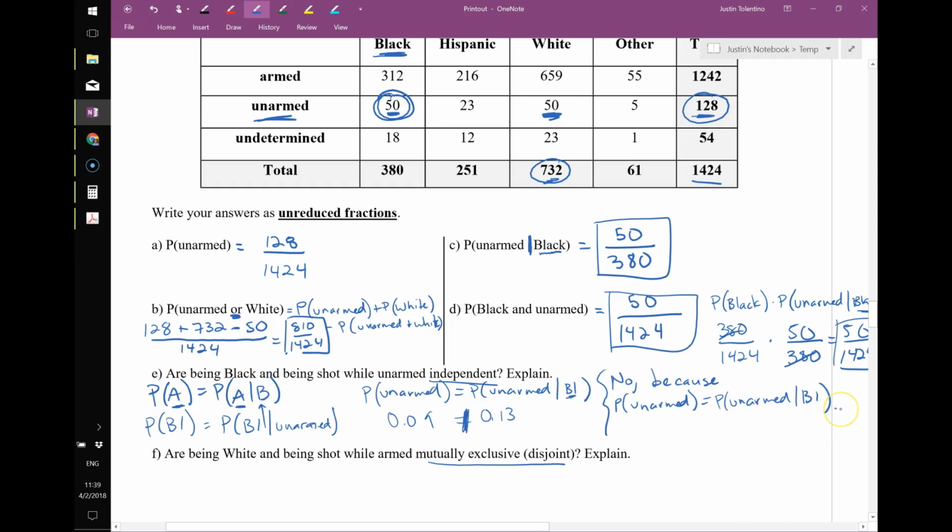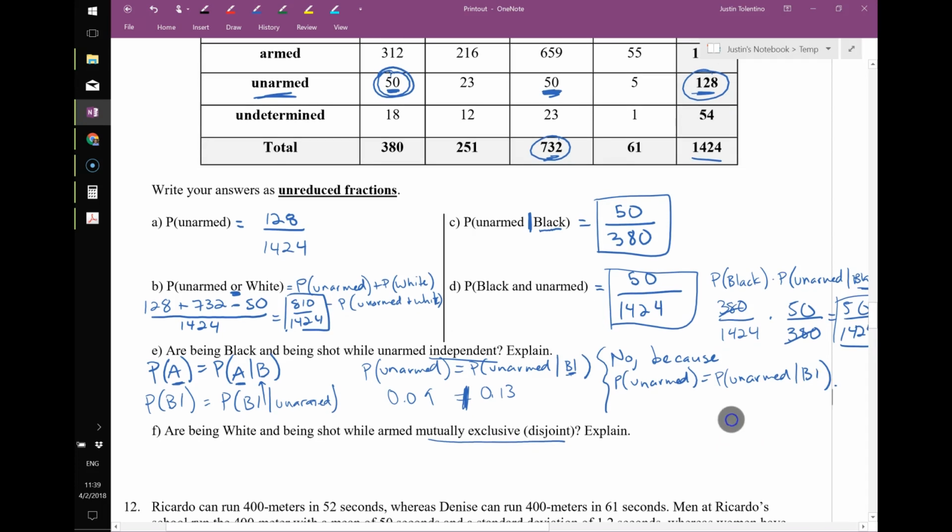You could have also been a little bit more detailed. You could have said, oh, no, because the probability of being unarmed changes when we know that the person is black. Or you can say the probability of being unarmed goes higher when we know that the person is black. So because of that, when you're given that information and it depends on their race or ethnicity, then it's dependent, not independent.